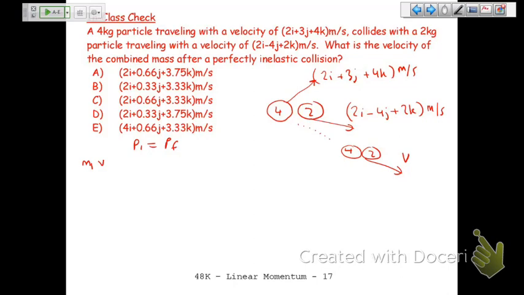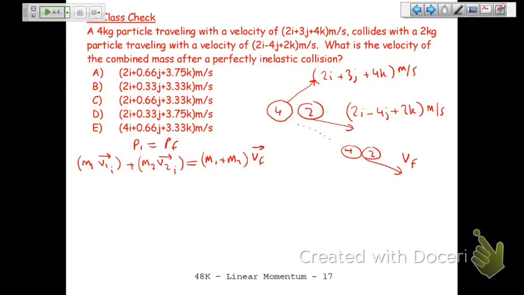So M1 V1 initial, and that's a vector, plus M2 V2 initial, and that's a vector, is equal to M1 plus M2 V final, and that's a vector. Oh, I know how to do this.